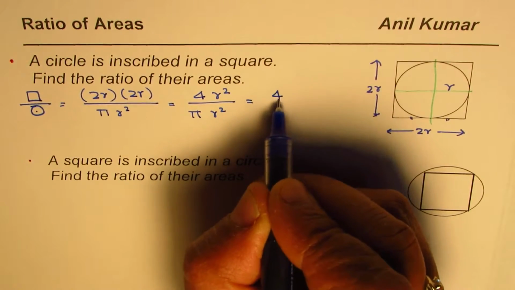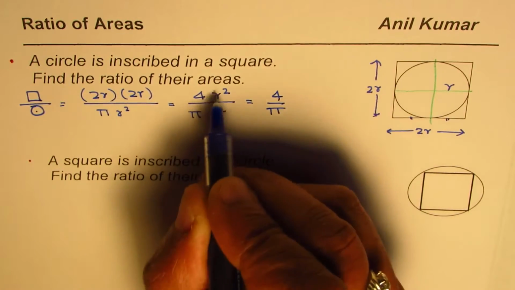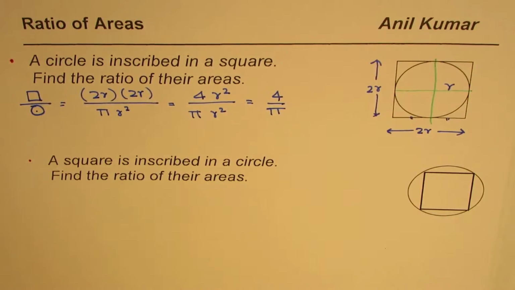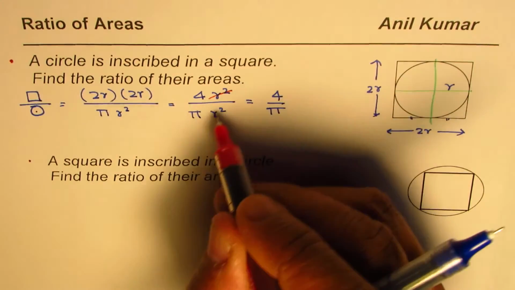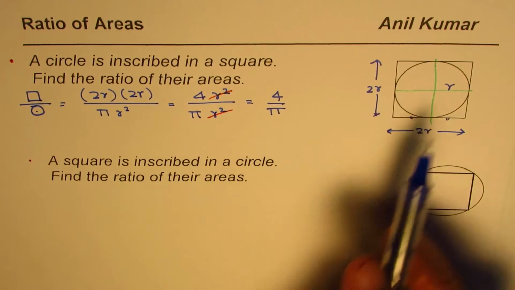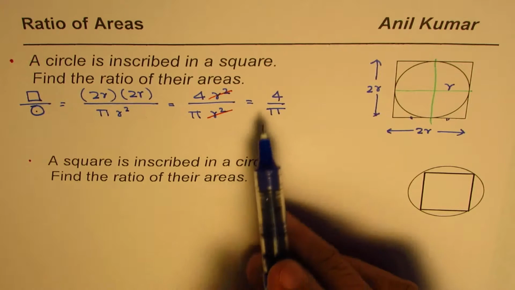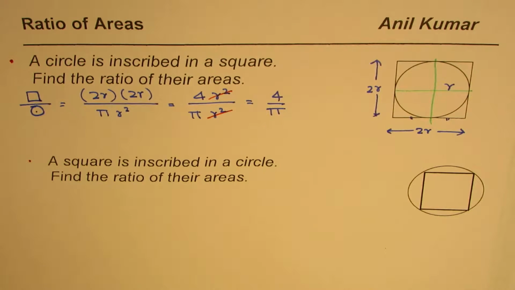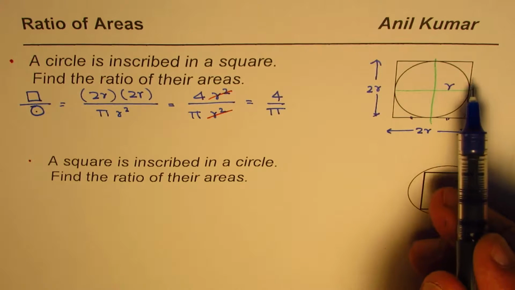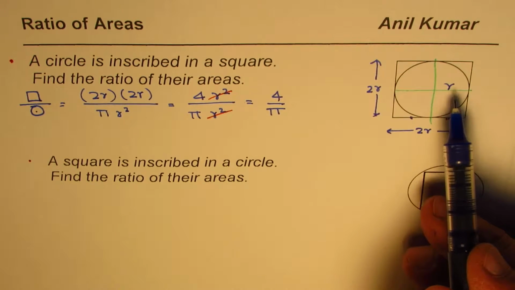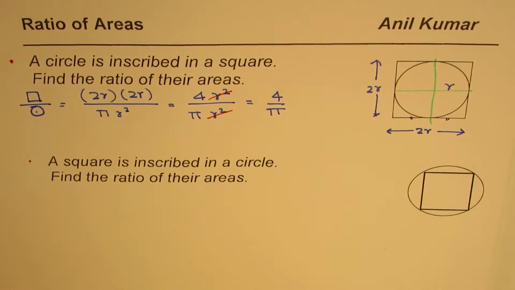So it is equal to 4 over pi. R square cancels. That is the ratio of the area of the square to the circle, 4 over pi. You could use a calculator, divide 4 by 3.14 and get some number. The square area is slightly more than the circle since the circle is inscribed.